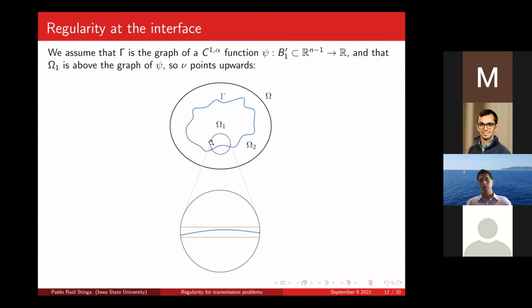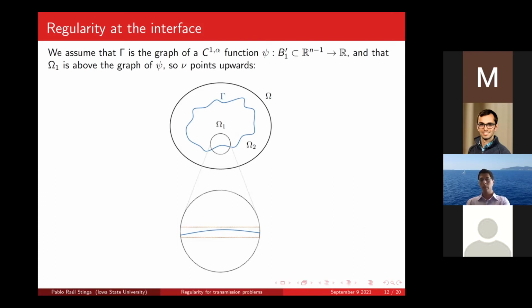So I'm going to assume that, in the ball B1 here, omega 1 is above, omega 2 is below, and gamma is the graph of a function psi, which is a C1 alpha function. So if I zoom out, this is what I have. I have gamma here, I have u1 above, u2 below, the normal points upwards, right? And my gamma is the graph of a C1 alpha function.